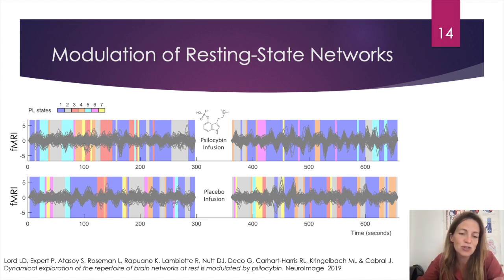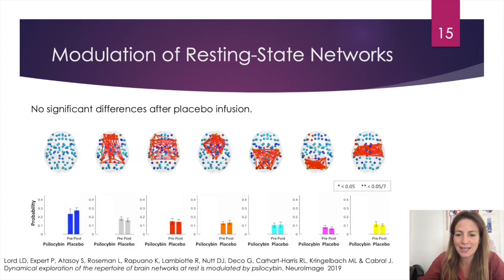And so here what I show are the fMRI signals in 90 brain areas, and the color shaded bars in the background correspond to the cluster assignment returned by the k-means, which means that each different color corresponds to a different brain network configuration. Now what is nice is that if we calculate the probability of dominance of each of these networks, we find that there are no significant differences before and after placebo infusion.